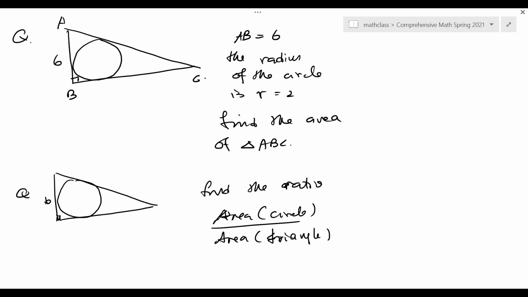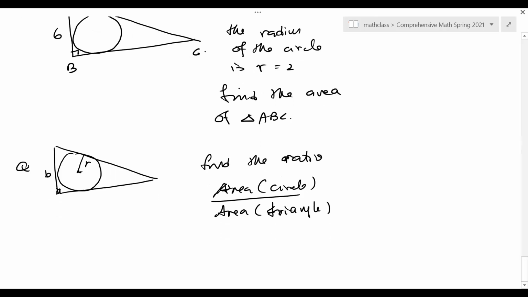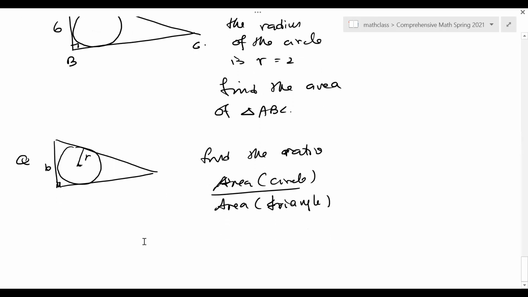And then you can assume this radius is R. Right now the radius is 2 and this side is B, okay? So can you find the ratio as something that depends on B and R, right? So you don't need to assume specific values to work on this problem, okay?